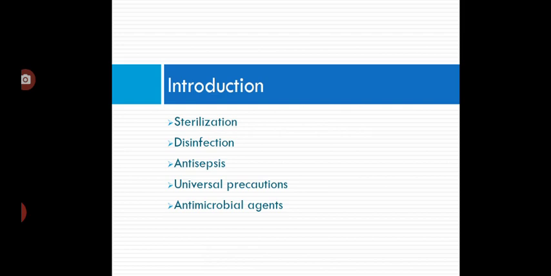Antimicrobial agents. These are the drugs which are used against microorganisms. The tests done to check the action of antimicrobial agents against microorganisms are called antimicrobial sensitivity tests, and these are of two types: diffusion tests and dilution tests.